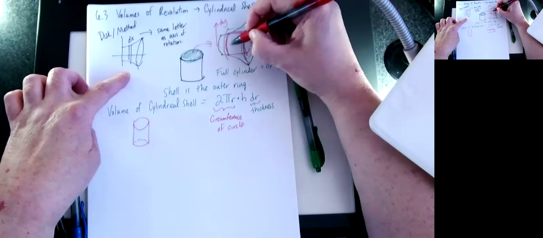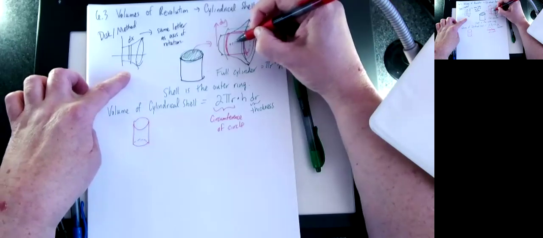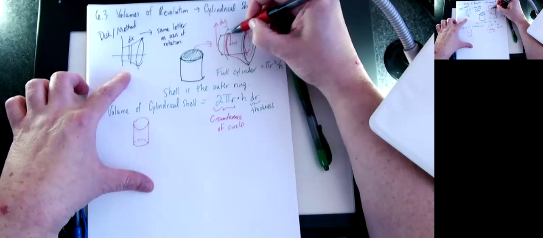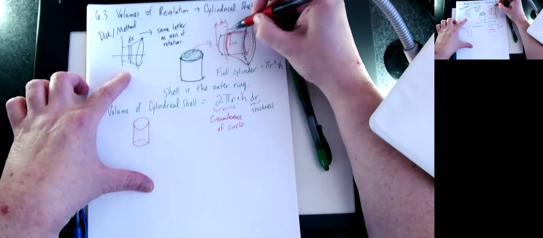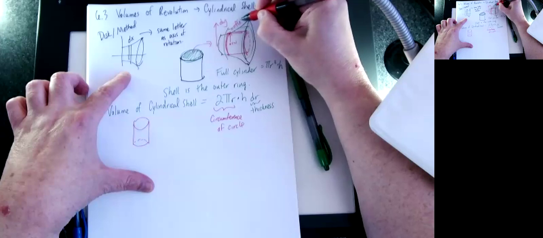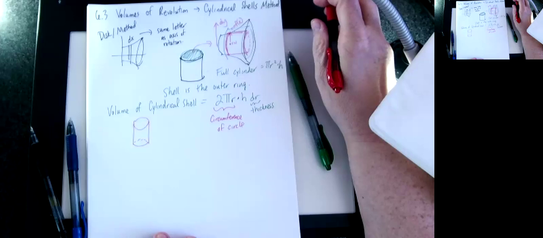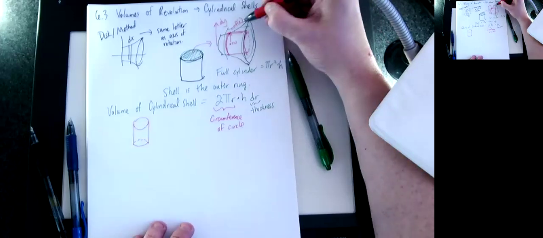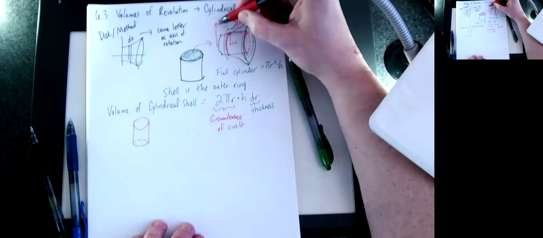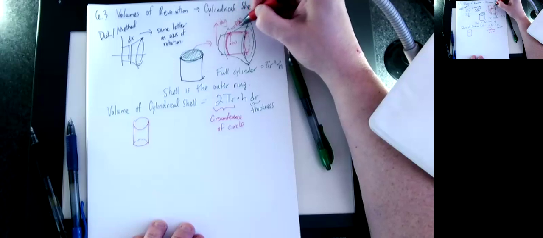Because we're starting at the inner radius, r equals 0, and we work out to the edge of it, r equals the function. But in this case, I don't want it a function of x. I'm going along y, so I want this to be a function of y.